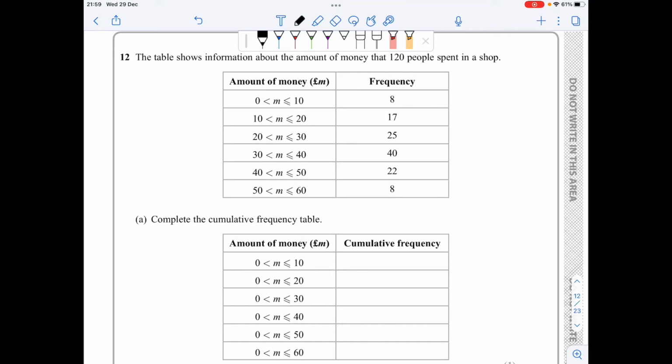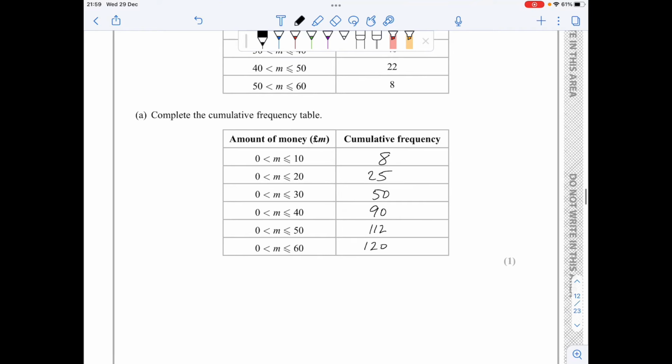In question 12, the cumulative frequency column starts with an 8, then I have 8 and 17, which is 25. Then I've got the sum of the first three numbers, which is equal to 50, then the sum of the 4, and so on. I've got a 90, 112, and then 120.